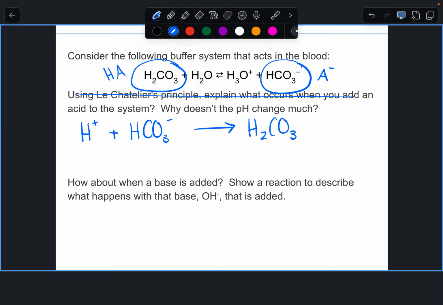okay? So we started with both H2CO3 and HCO3 minus in the solution. We added some strong acid, and instead of that strong acid affecting the pH, it actually just reacted with the weak base, or the conjugate base, to form more of that original weak acid.